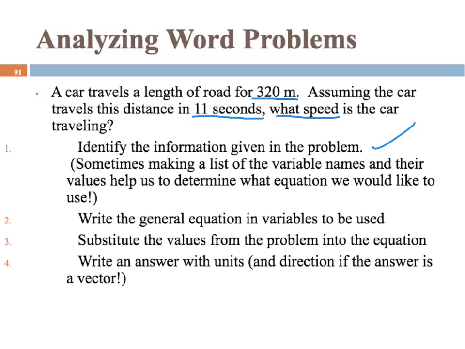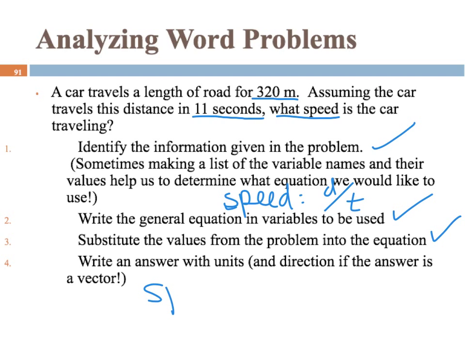Step 2, write the general equation and variables to be used. So if I have speed, I know that equation. I know speed is equal to distance divided by time. Okay, so I've got that step down. Finally, you can substitute numbers in.